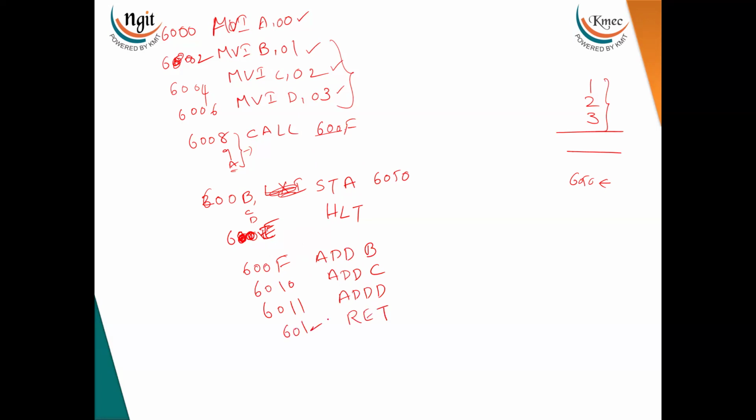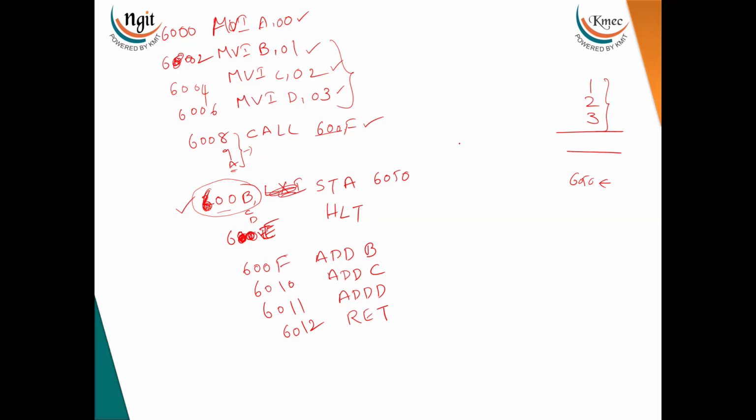So this is nothing but C9. Immediately it will go back after executing the return instruction. It will go back again to this location. How is it going? Whenever the call instruction is executed, the PC, the program counter, is pointing to the next executable instruction, this location.